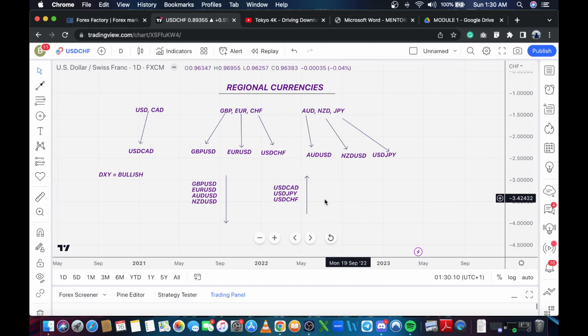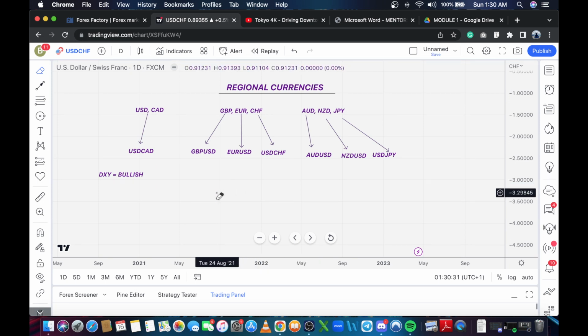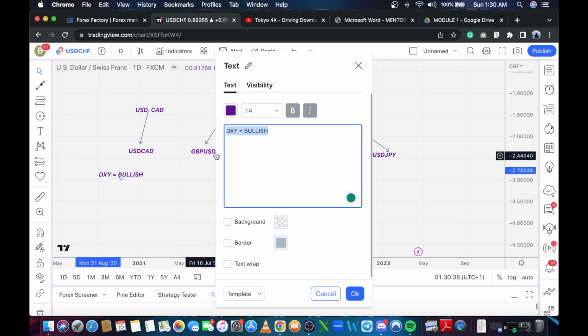Now you can also apply this for cross pairs. Okay, so again, you look for cross pairs with the same denominator. It could be cross pairs that have the same base currency or cross currencies that have the same code pairs. So for example, if Japanese yen is very, very bullish, okay, so let's do it this way. Let's switch it up.